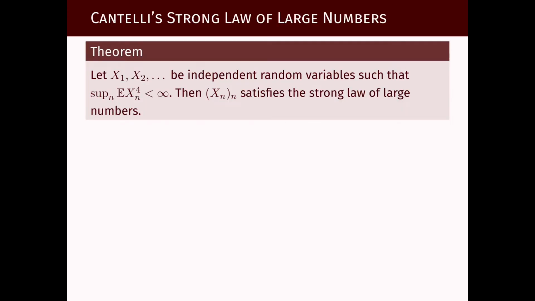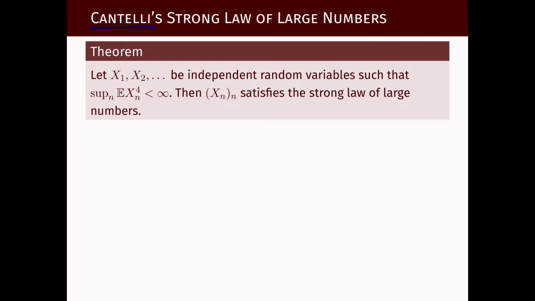Now we're going to see one which I find extremely beautiful and elegant, which is Cantelli's law of large numbers. This is already something from the 20th century, so rather recent mathematics.